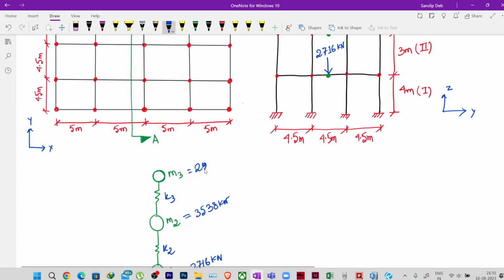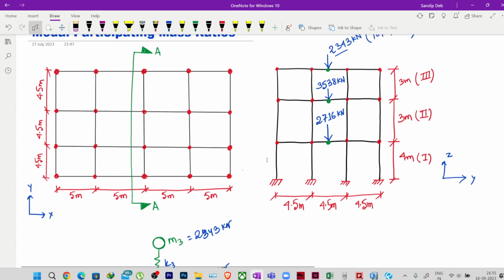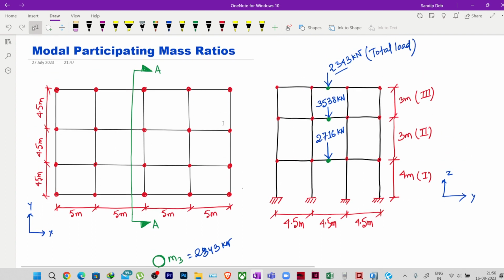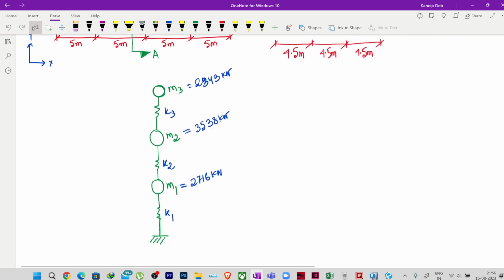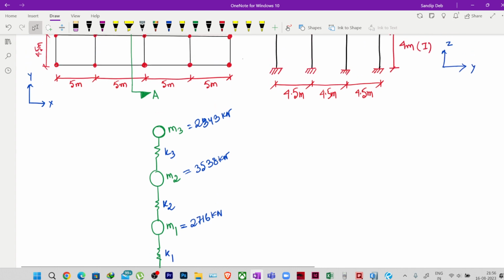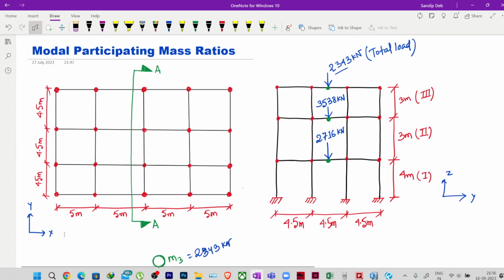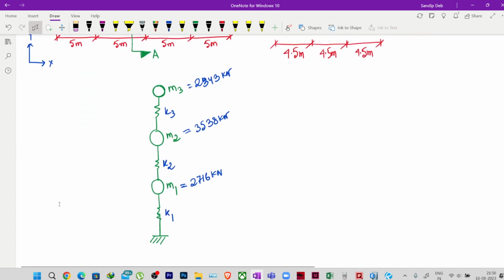Stiffness we can also easily find out based on the size and number of columns, and considering the fixity condition, for each of the x and y directions, right? So k1, k2, k3 we can find out easily.